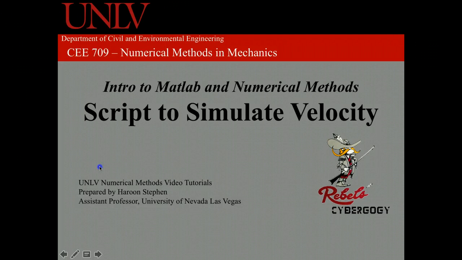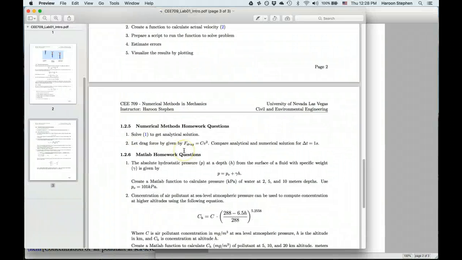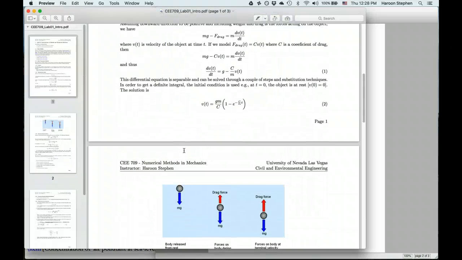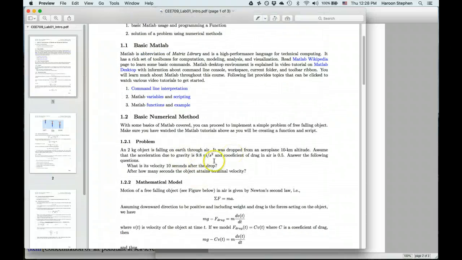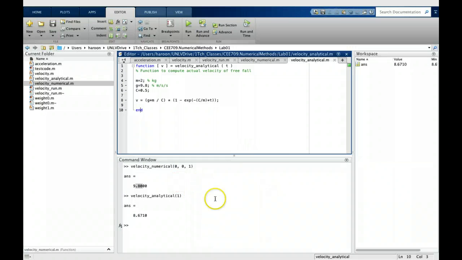So now if we go back to our original question, we are trying to find out the velocity at 10 seconds after the drop, and also we are trying to find when the object attains terminal velocity. So for this purpose we will write a script that will help us go about finding these values.